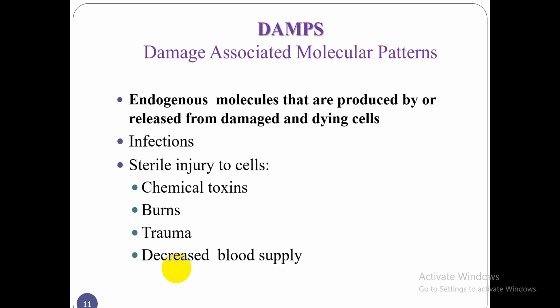For example, after infections or after a sterile injury to cells, such as chemical toxins, burns, trauma, and decreased blood supply, we have a kind of damage to the cells, or we have dying cells, and these damaged or dying cells could present some patterns which are called damage associated molecular patterns.